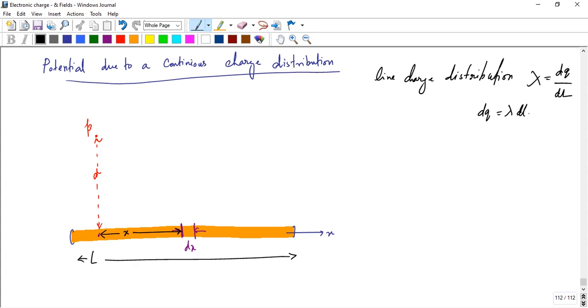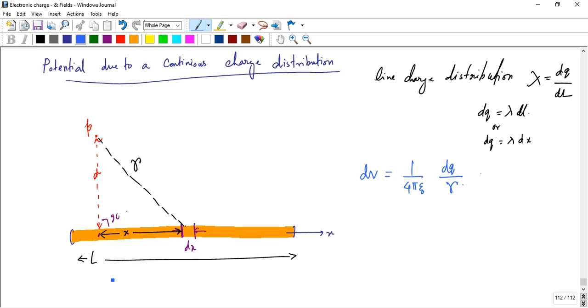Here the small length is dx, so dq is lambda dx. The distance from P to dx is r. Consider the angle to be 90 degrees. So the potential dV is 1 over 4 pi epsilon naught dq over r.